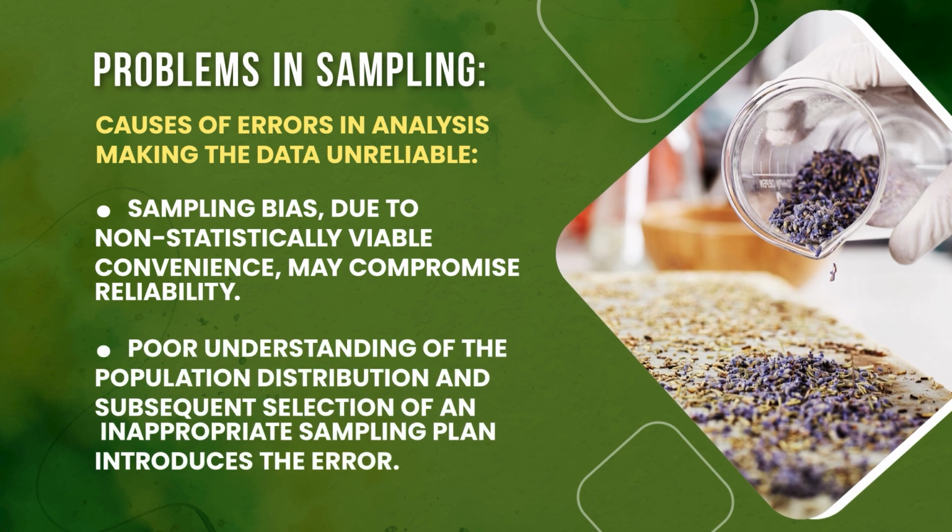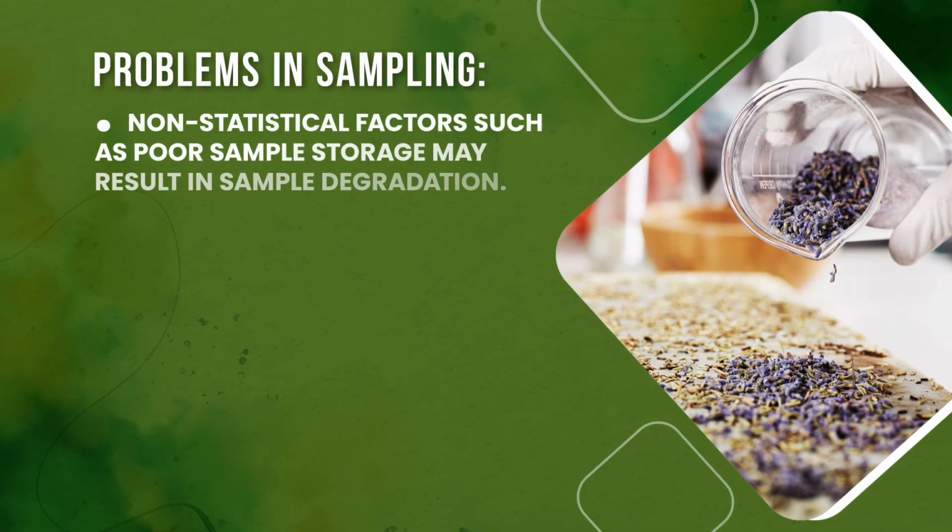Without understanding the population distribution, one should not carry out the sampling. Subsequent selection of an inappropriate sampling plan introduces a big error. We have seen that the sampling plan accounts for almost 50 to 60% of the error in analysis results due to wrong sampling. Non-statistical factors such as poor sample storage may also result in sample degradation.